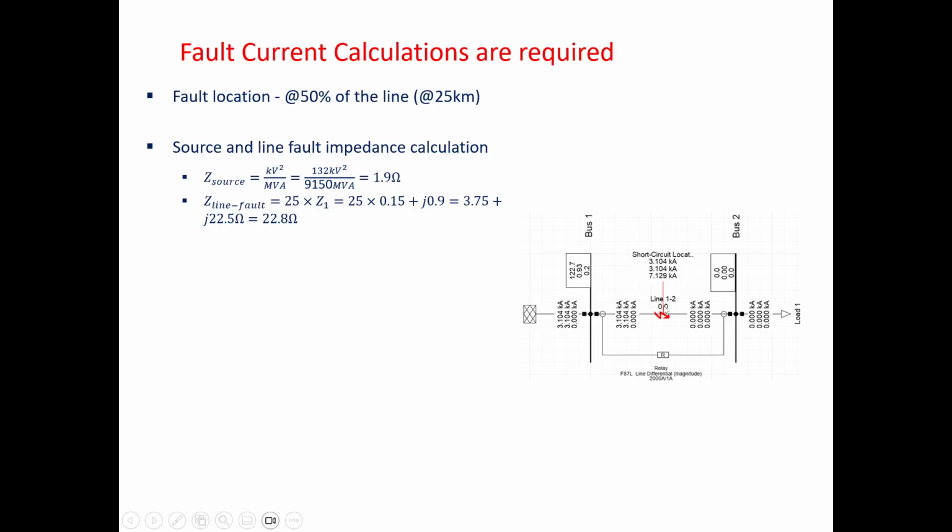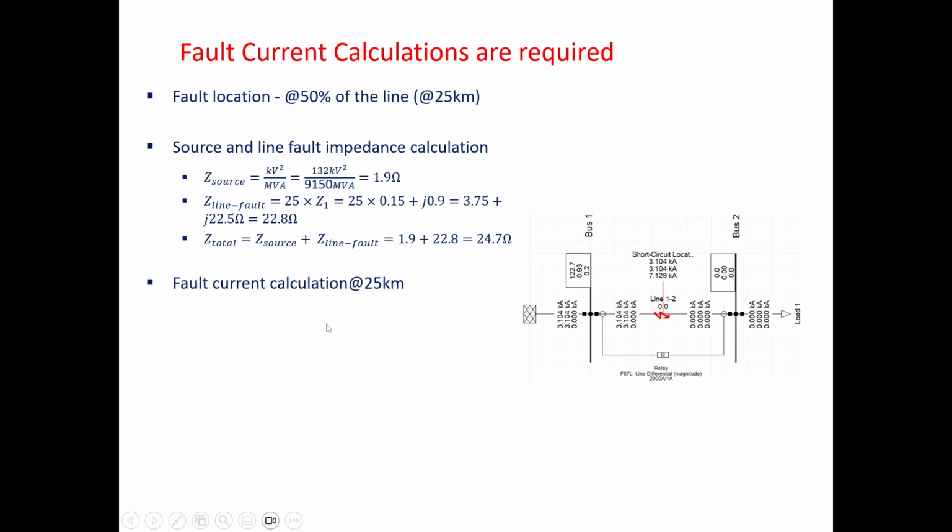We are only calculating at the moment a three-phase fault. So 25 kilometer times the line positive sequence impedance, and we'll get 22.8 ohm. That is the impedance of the line to the fault point, basically. And then the total impedance from generator to the fault point is the source impedance added to the line to fault impedance. So we'll get 24.7 ohm.